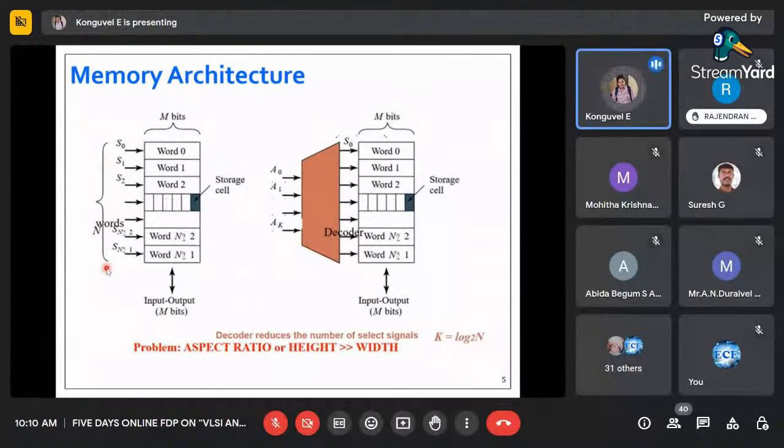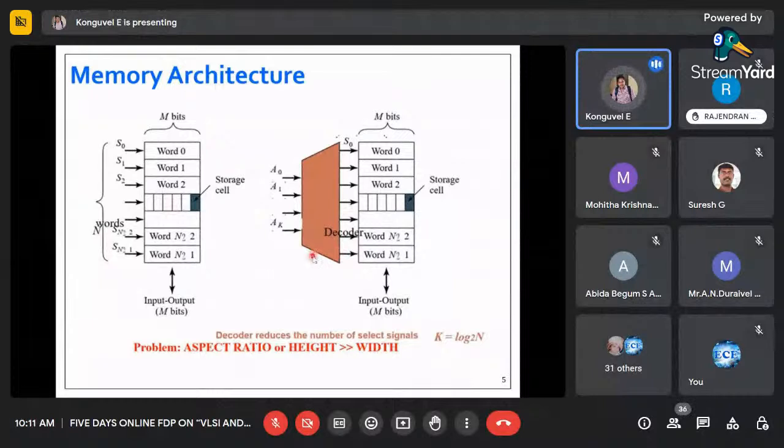Similarly, for 1 megabyte, we would have to give 1 megabyte of select lines. But that is the disadvantage, since we are increasing the number of select lines. That is why we go for decoder circuits. The decoder, based on a minimum number of input signals, can select any one word.